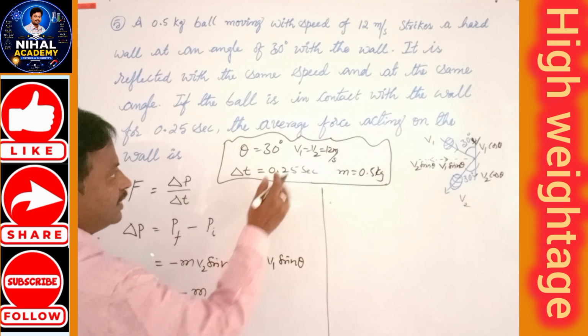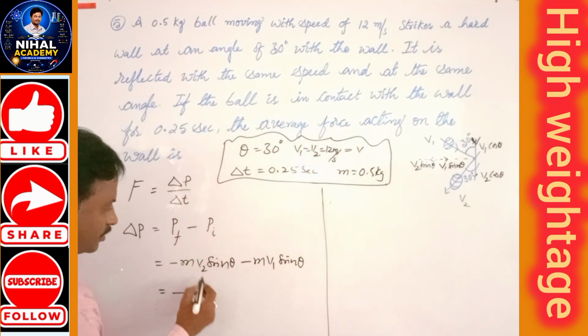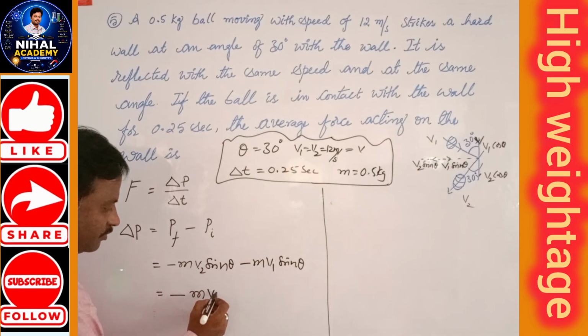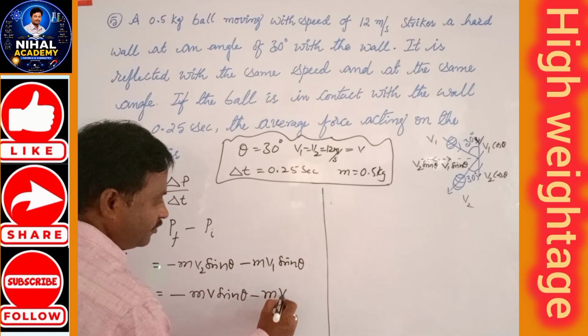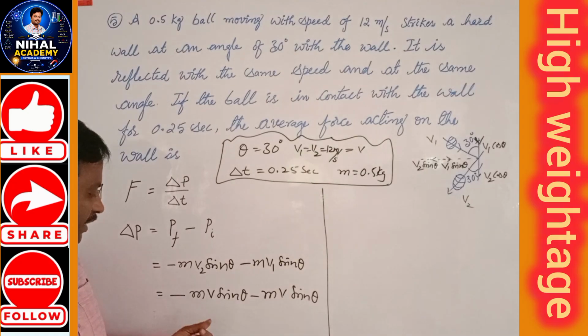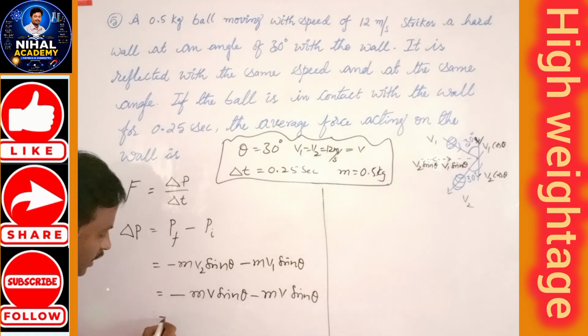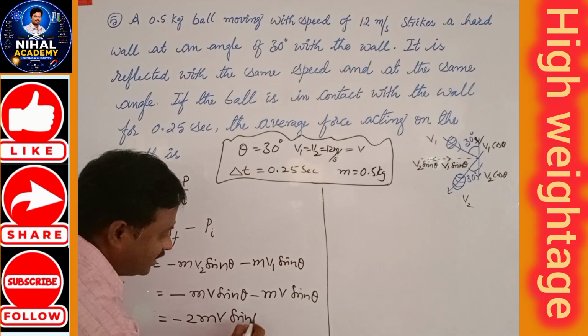So we get minus m v sin theta minus m v sin theta. Now if you look at the board, this is equal to minus 2 m v sin theta.